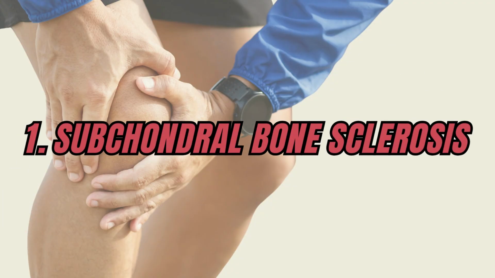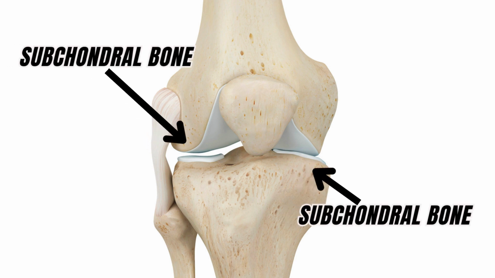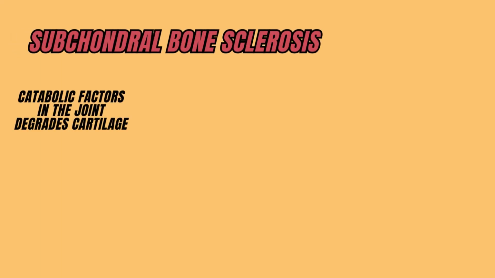Coming to subchondral bone sclerosis, what exactly is the subchondral bone? It is the bone that lies directly under the cartilages as shown in the image here. How exactly is the subchondral bone sclerosis coming about? There may come a time where there are catabolic factors that are produced inside the joint which will start to degrade the cartilages, and this causes the load absorption in the joint to be affected due to the cartilage degradation.